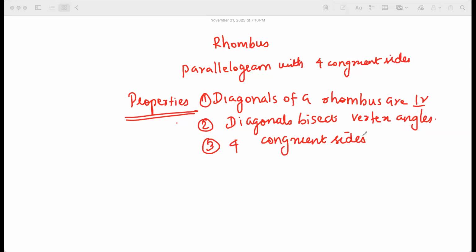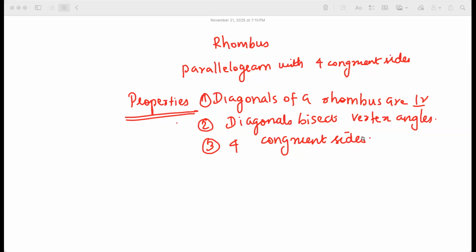Any questions, guys? The properties, don't forget, guys. Please, please remember. What did we learn in the parallelogram properties? That also comes to a rhombus, right? So what was in the parallelogram properties? Diagonals bisect each other, right?